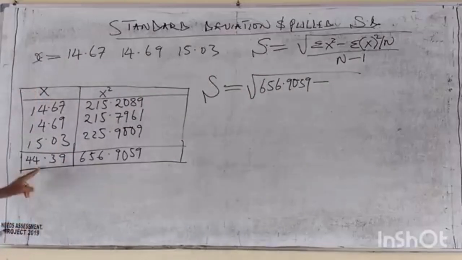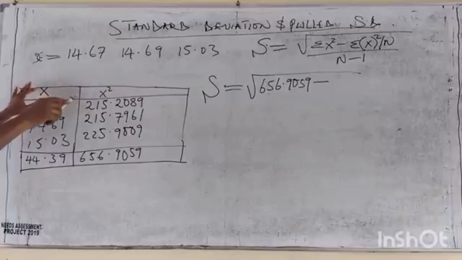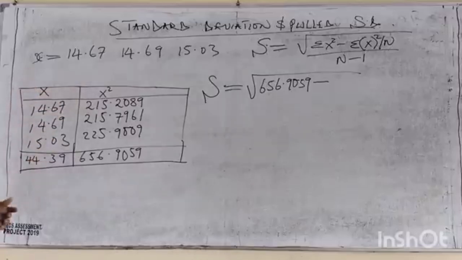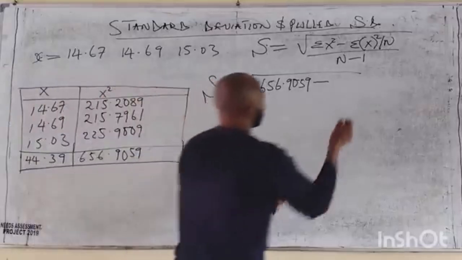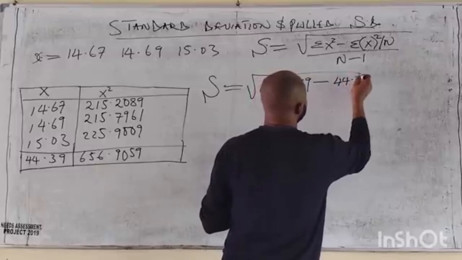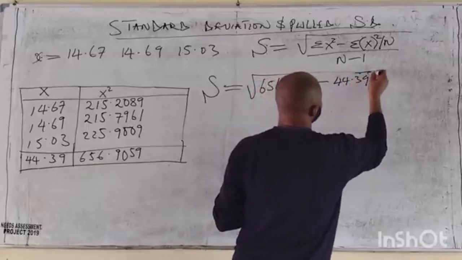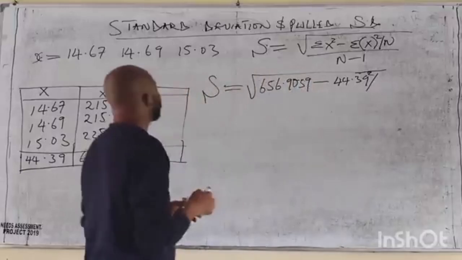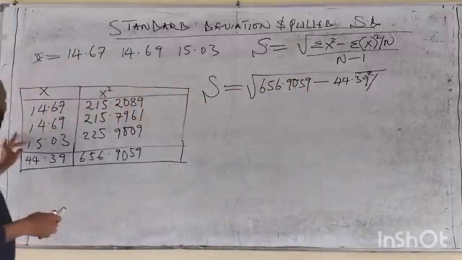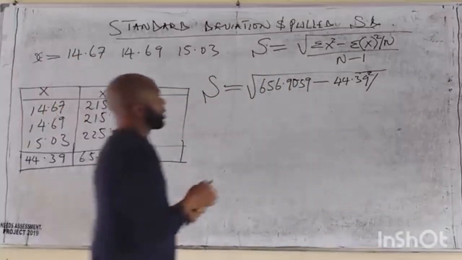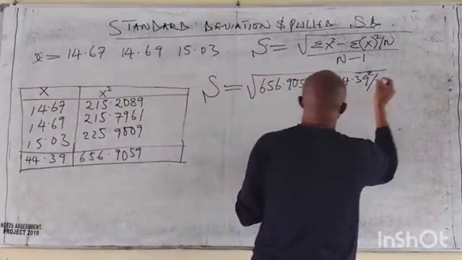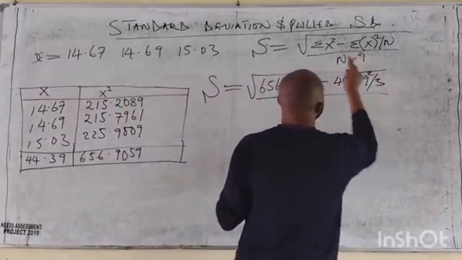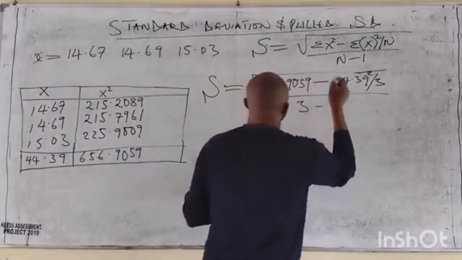When we sum it, we square it according to the formula. So we have summed the x, but we have to square it now. So we have 44.39 squared, divided by the number of observations. We have 1, 2, 3. We have 3 variables there. So over 3, all over 3 minus 1.